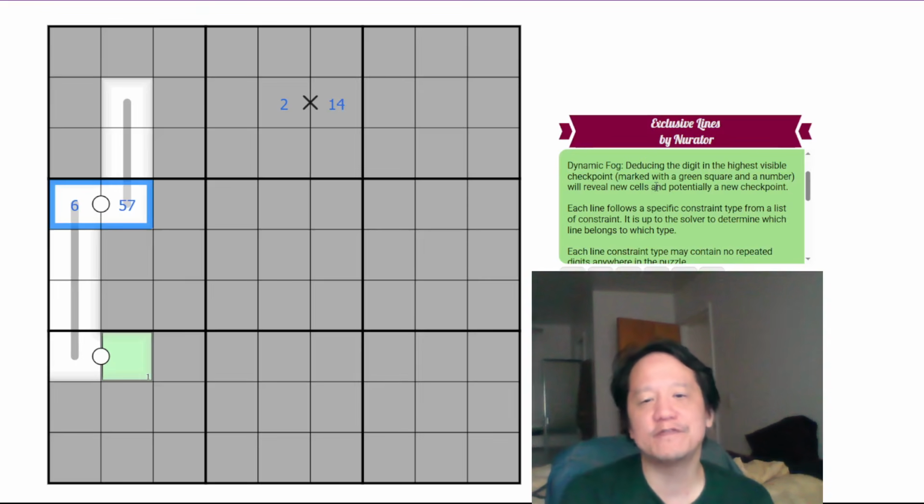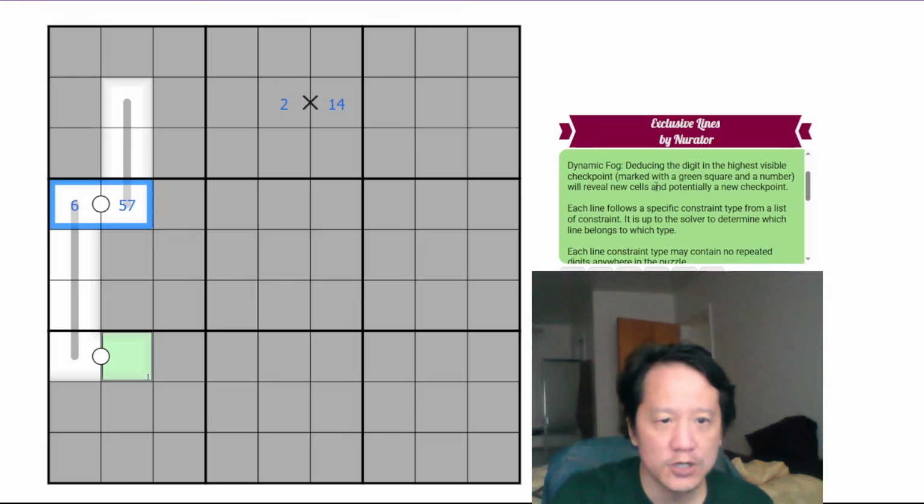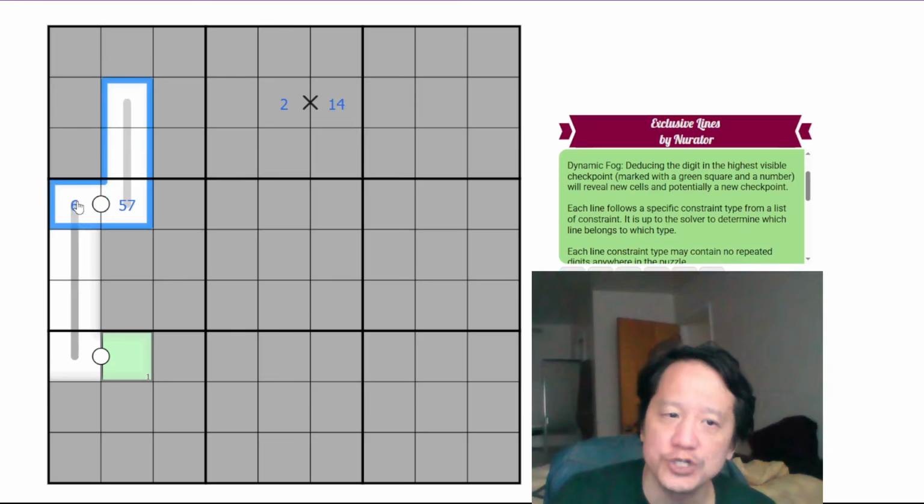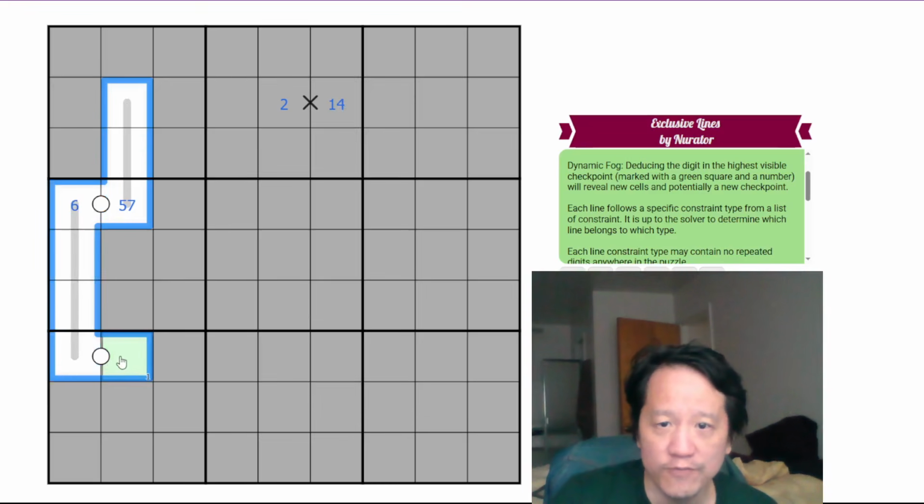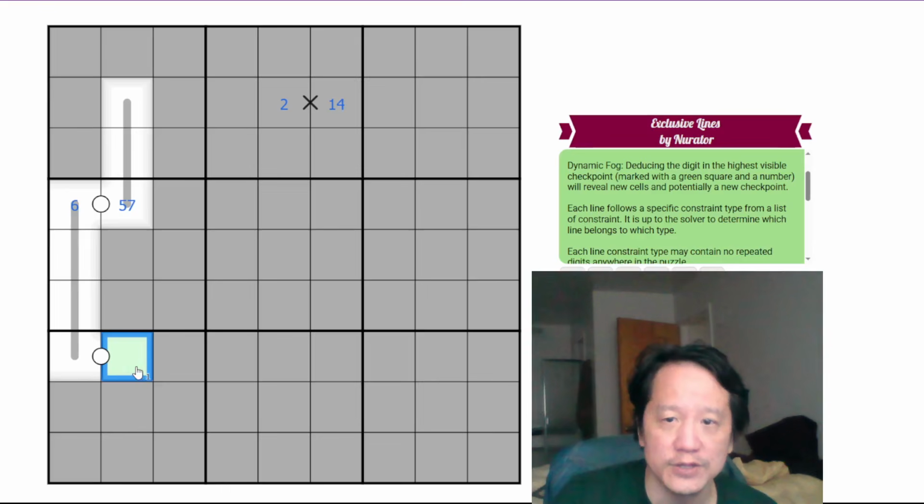We have dynamic fog of war, where deducing the digit in the highest visible checkpoint, marked with the green square and a number, will reveal new cells and potentially a new checkpoint. So if we place the correct digit in this cell, and it's the highest visible checkpoint, so this is checkpoint number 1 because it has a 1 in the square.